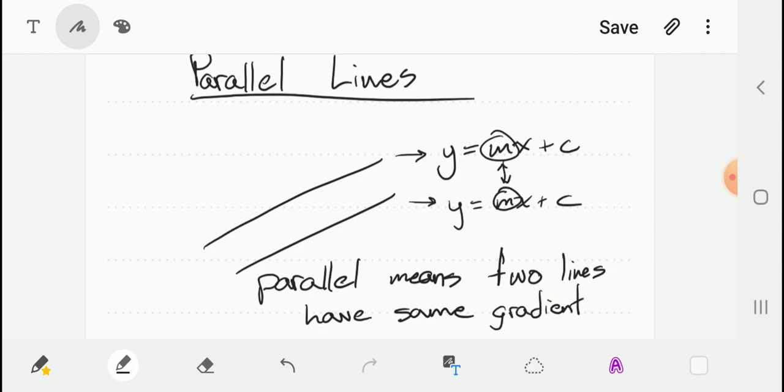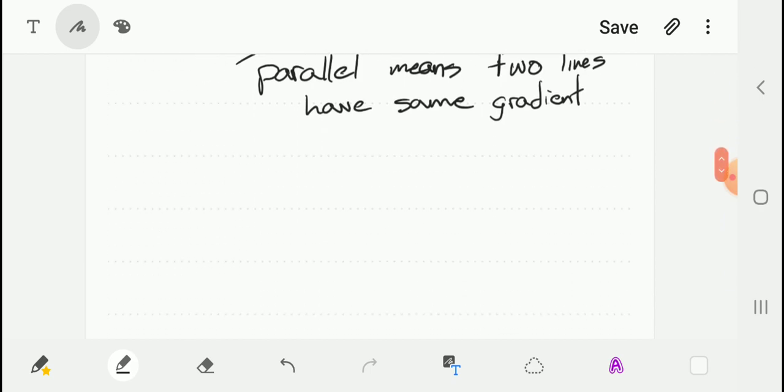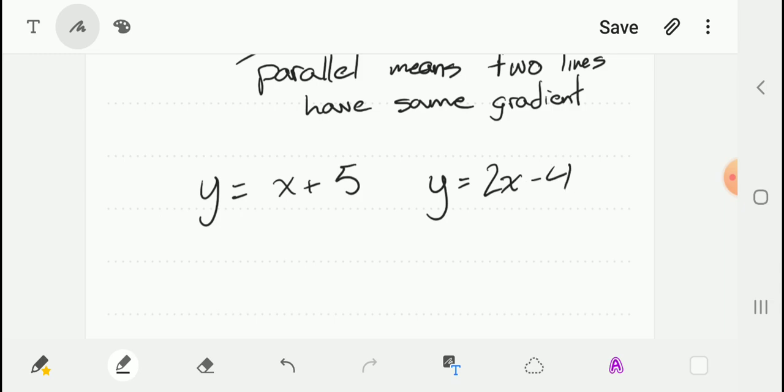Okay, that one's straightforward. If I gave you two lines, y equals x plus 5 and y equals 2x minus 4, are these lines parallel? You look at the m value. Technically there's a 1, we just haven't written it. 1 does not equal 2, so not parallel.